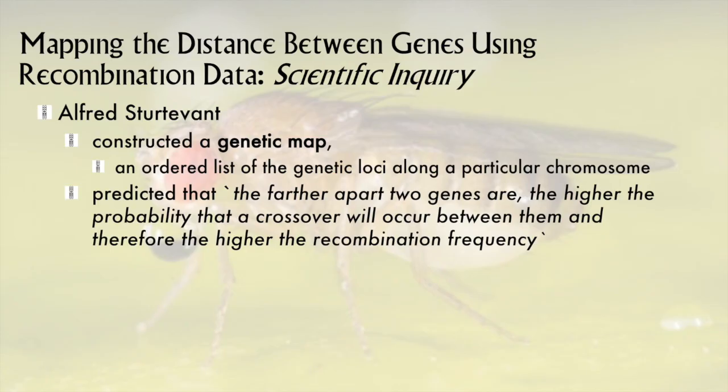He was able to build a genetic map of all of the chromosomes with many, many, many mutant flies. Reasoning that the further apart two genes are, the higher the recombination frequency until it approaches 50%, like it would be if the genes were on 2 different chromosomes.